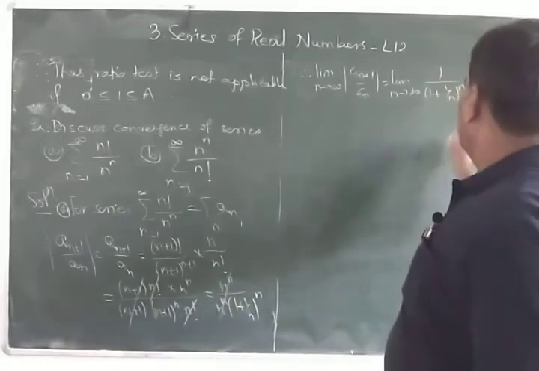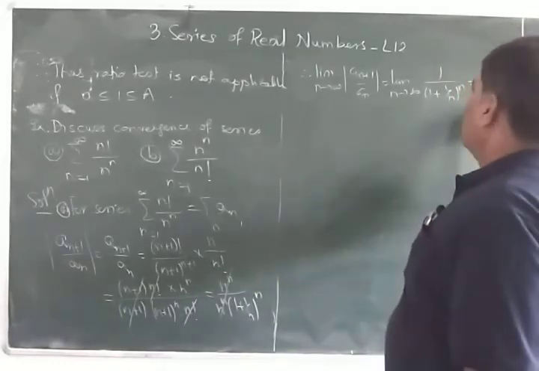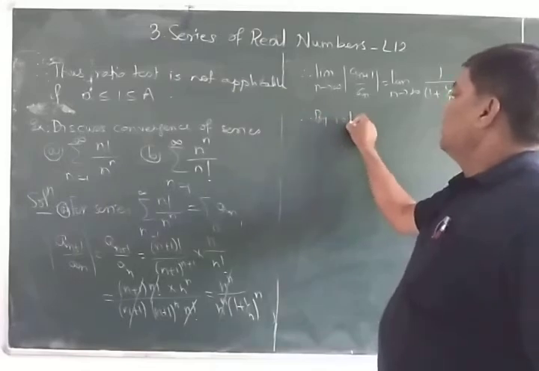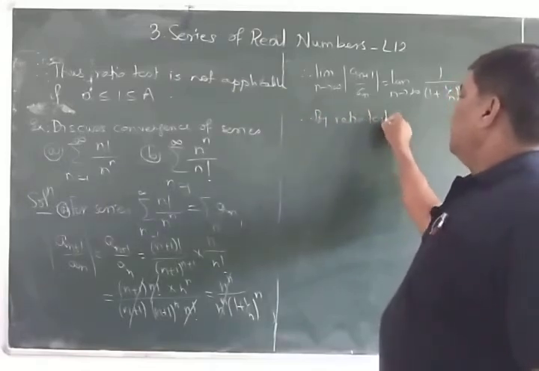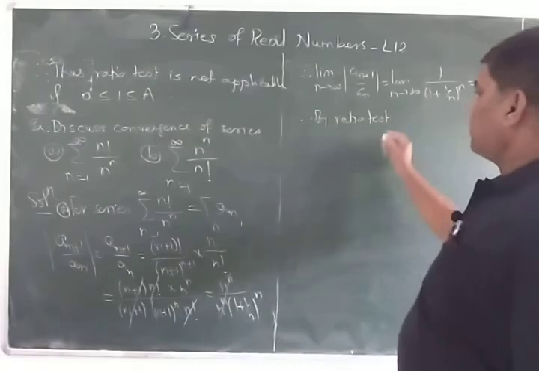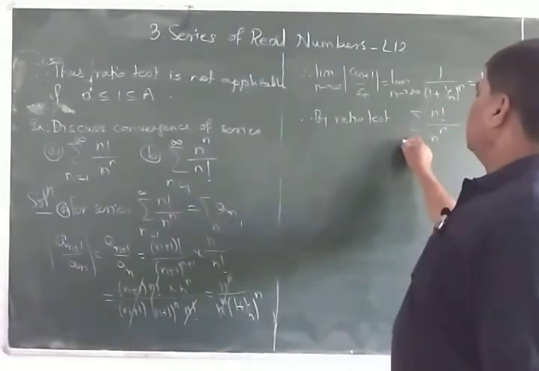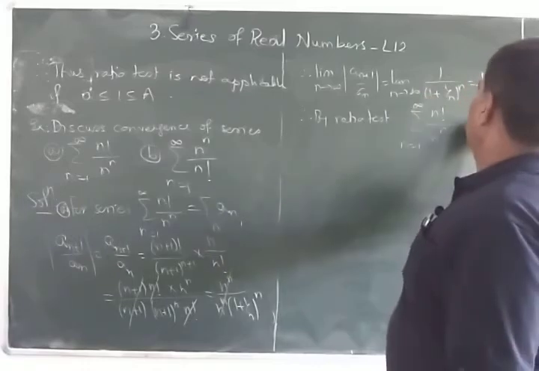Is it right? And this is also the lim sup. Therefore, by ratio test, summation of n factorial upon n raised to n, n equal to 1 to infinity, is convergent.